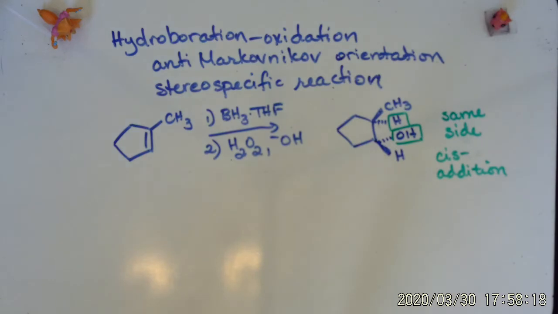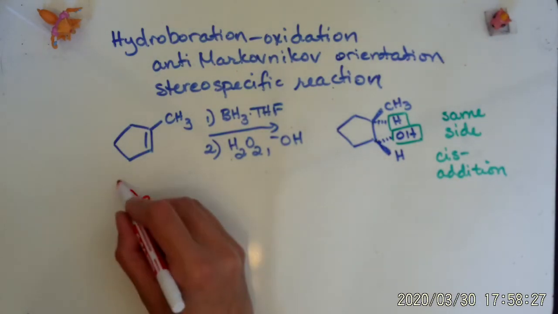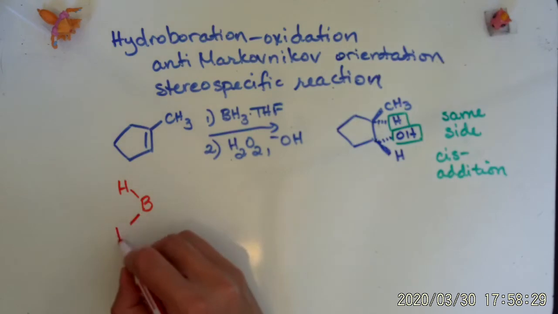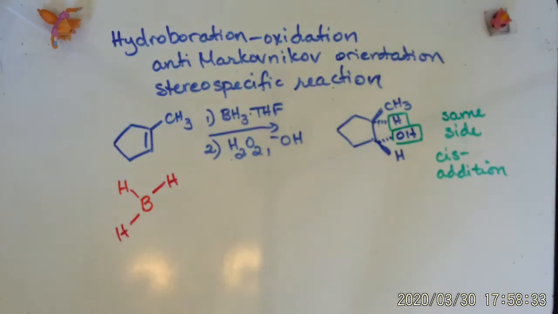So let's talk about my boron THF complex. Boron, remember, only has 3 valence electrons, which means it can only have 3 bonds to it. Not so great, because we know of the octet rule, and we want to have an octet around my central atom.